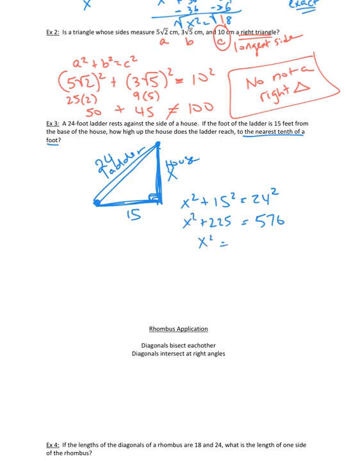I get x squared equals 576 minus 225 is 351. I'm going to take the square root on both sides. x equals the square root of 351, which is 18.73. It says to the nearest tenth, so it'll be 18.7 feet.